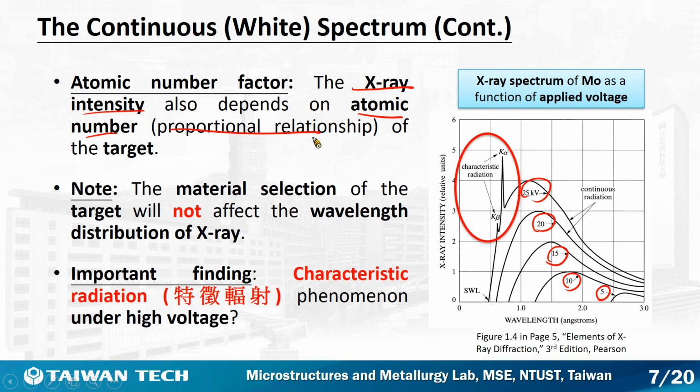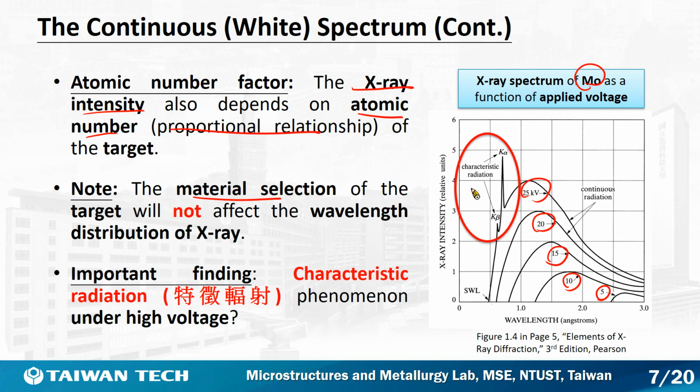In other words, if we choose materials with a higher atomic number, then we can get higher X-ray intensity. So that's why we choose a heavy metal like molybdenum for the target. And this material selection will not affect the wavelength distribution of X-ray. That is because of its mechanism.